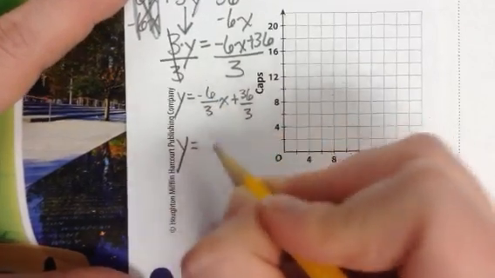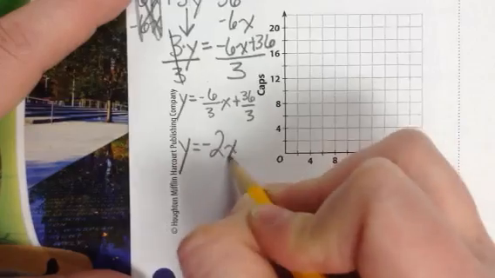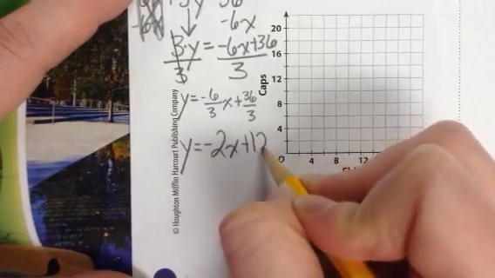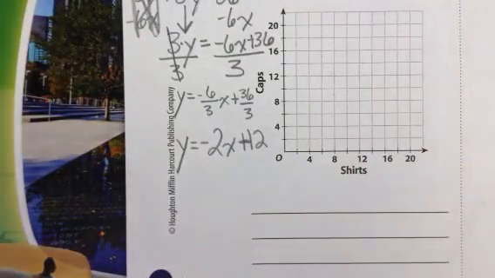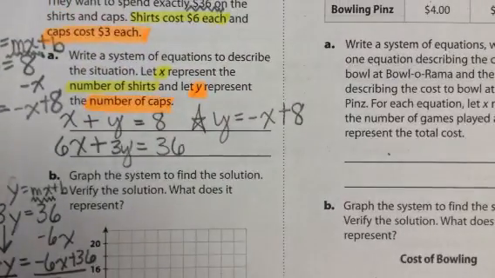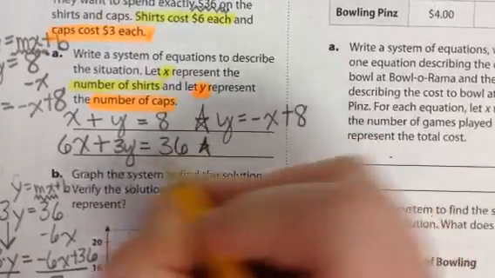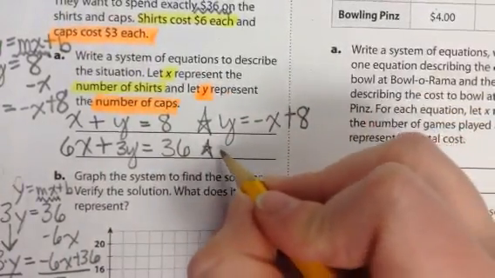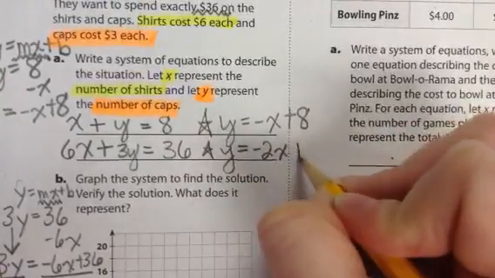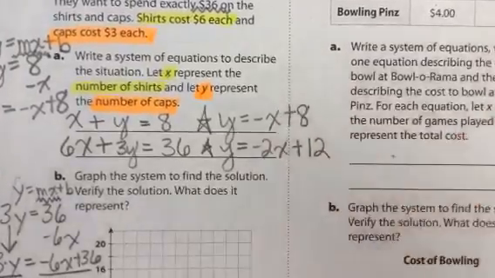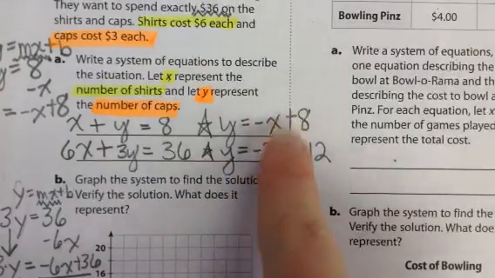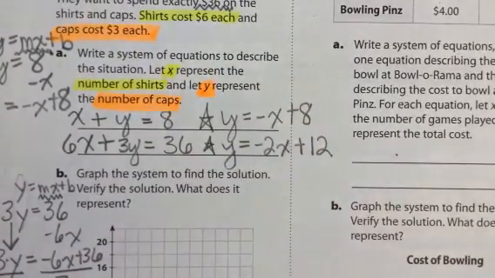Negative 6 divided by 3 is negative 2x. 36 divided by 3 is a positive 12. So I'm going to write this equation back up here by that one. I had rearranged this to get y equals negative 2x plus 12. These are the ones you're going to be using to graph it.